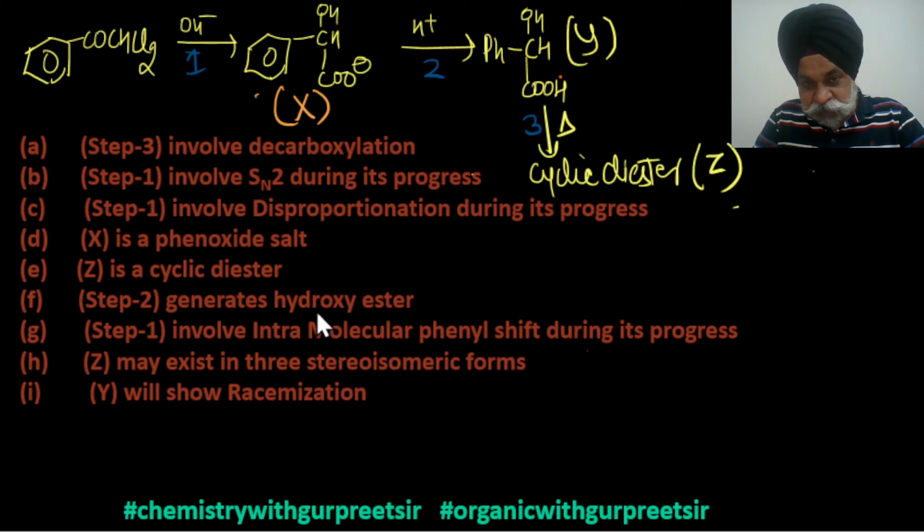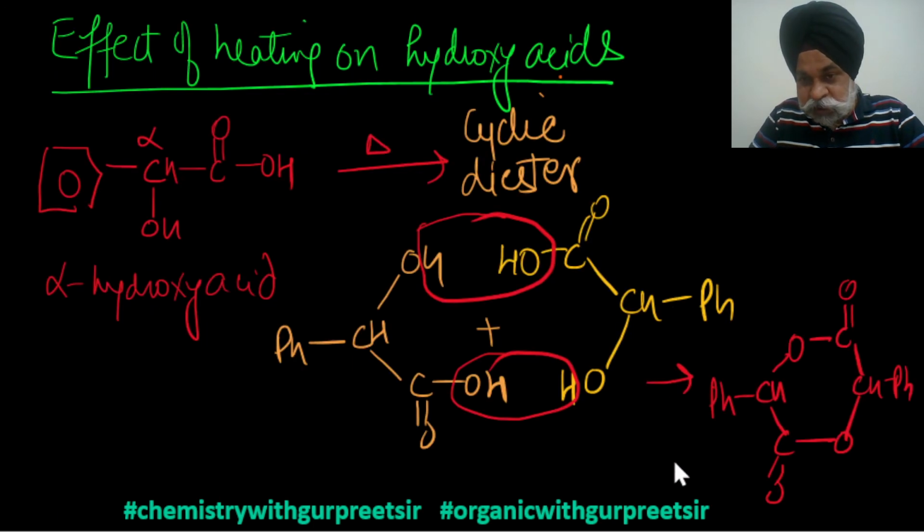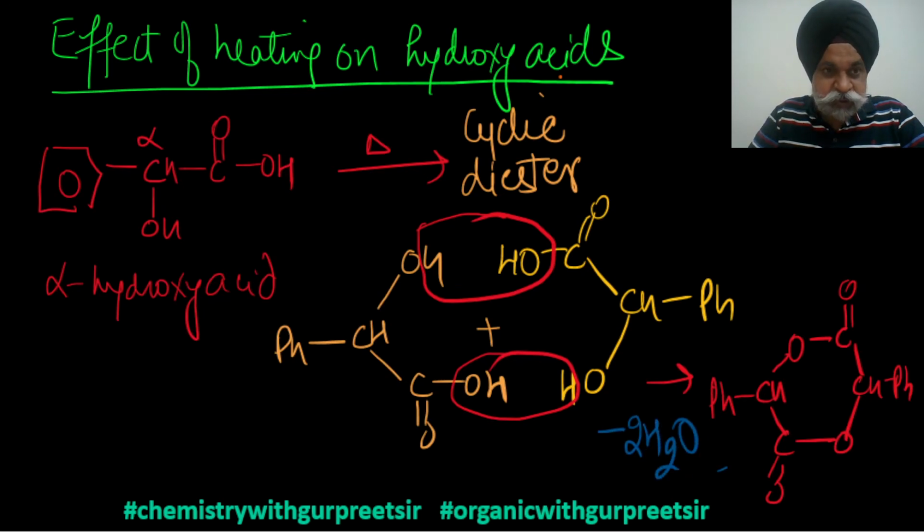So we have to see the things very slowly, steadily, and understand it. During the formation of the cyclic diester, there is a loss of 2 moles of water. So that is what your first statement in the discussion is.